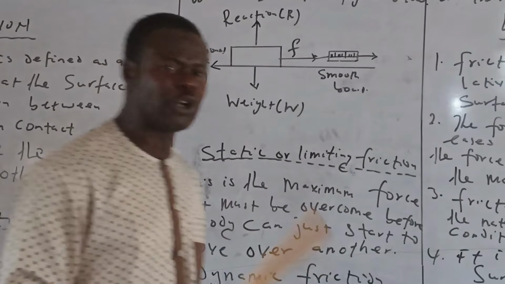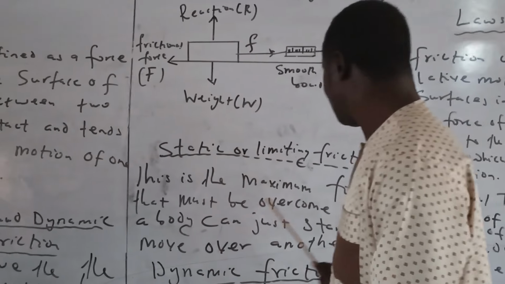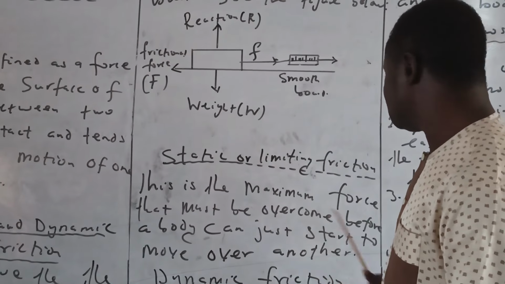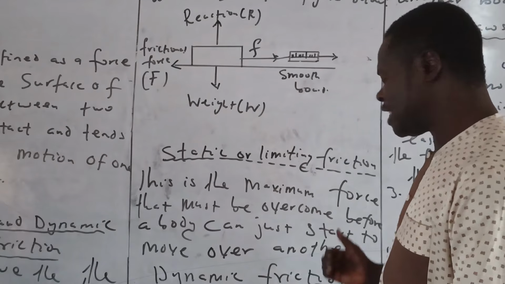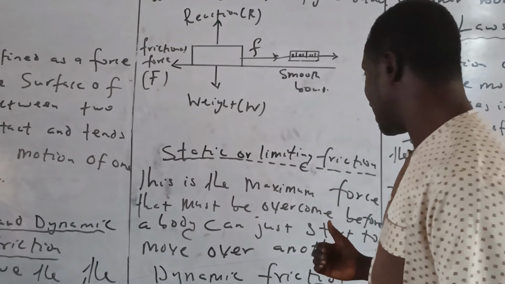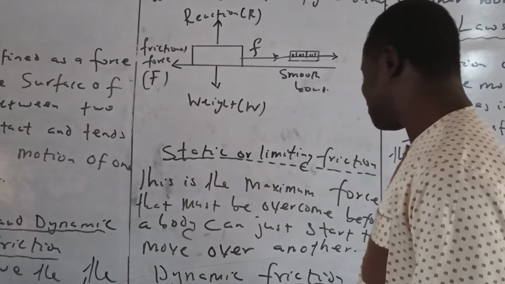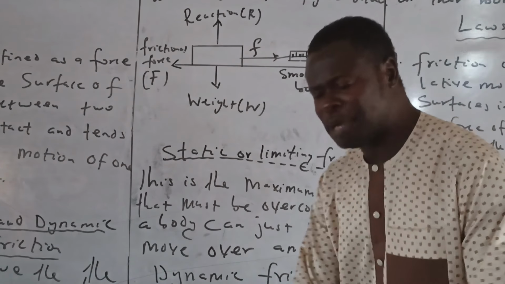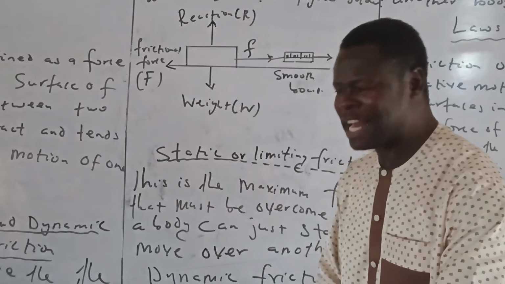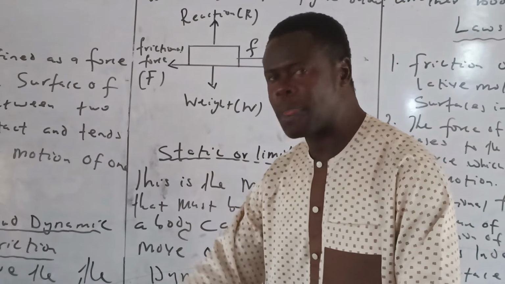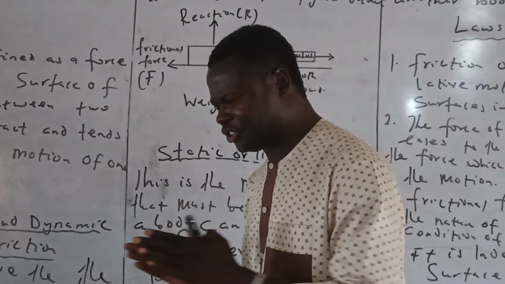How do we define static or limiting frictional force? This is the maximum force that must be overcome before a body can just start to move over another body. Now the next one is dynamic friction. When you make the body move, there is a frictional force you must overcome so that the body will keep moving in a uniform straight line.